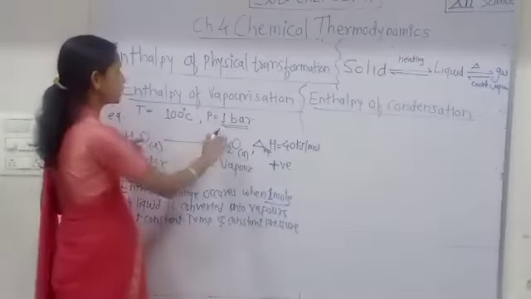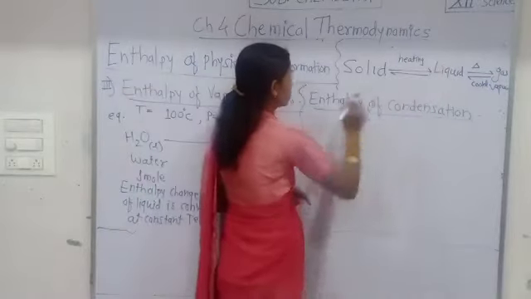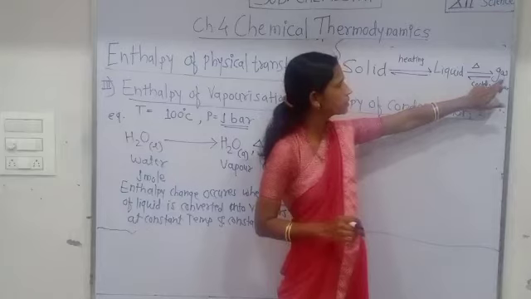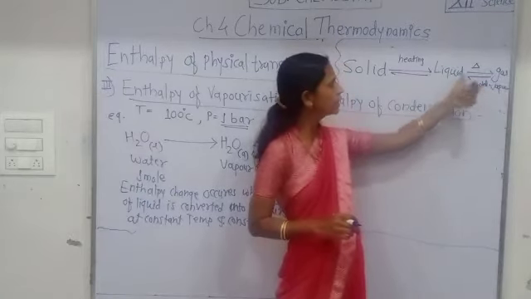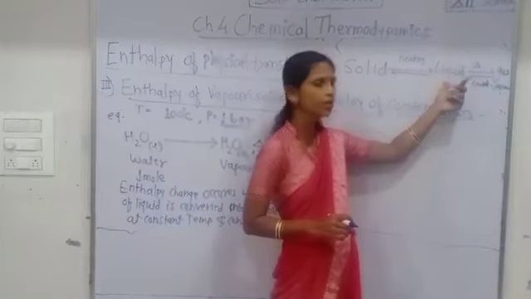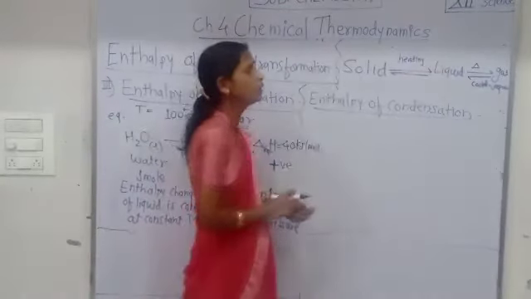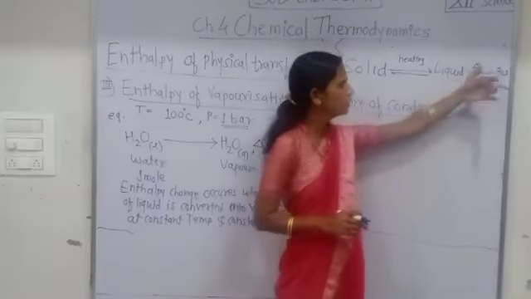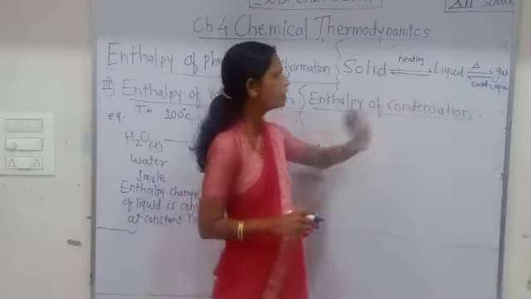Then the reverse of this process is a condensation process. That means the gaseous substance or vapors of a liquid, when cooled, are converted into liquid substance. The heat energy related with that conversion is called enthalpy of condensation.